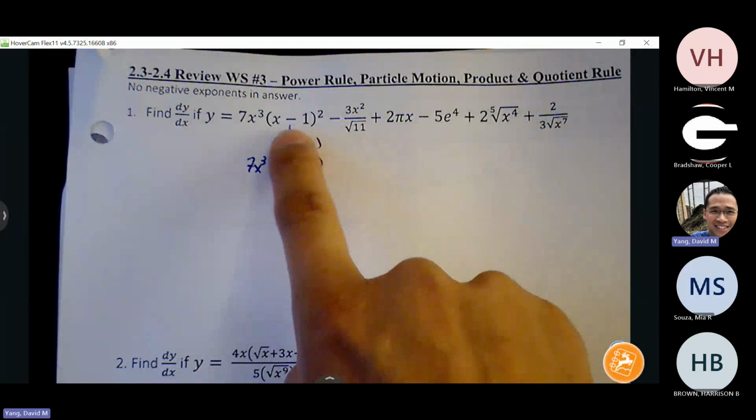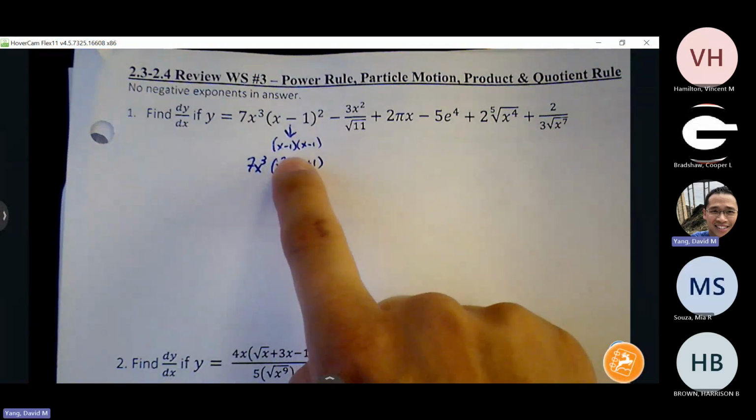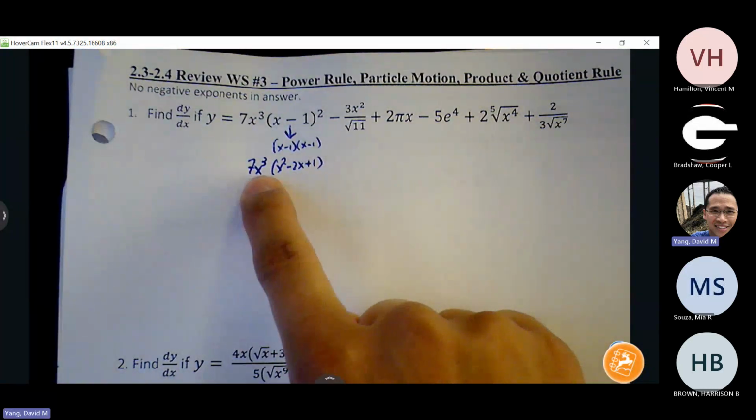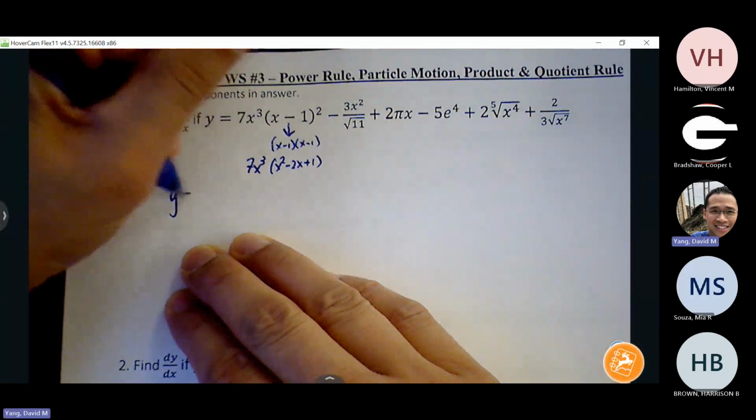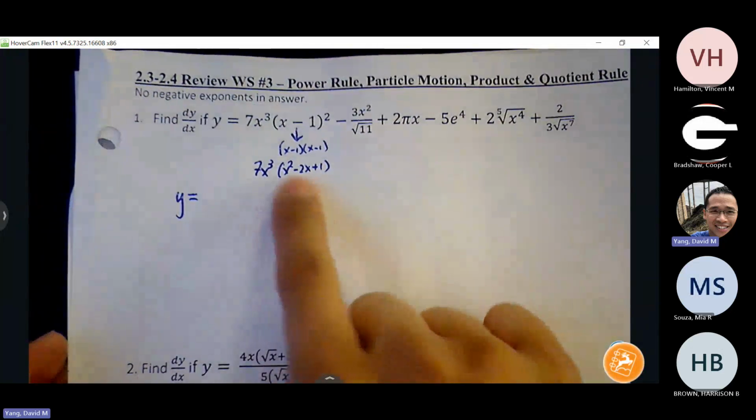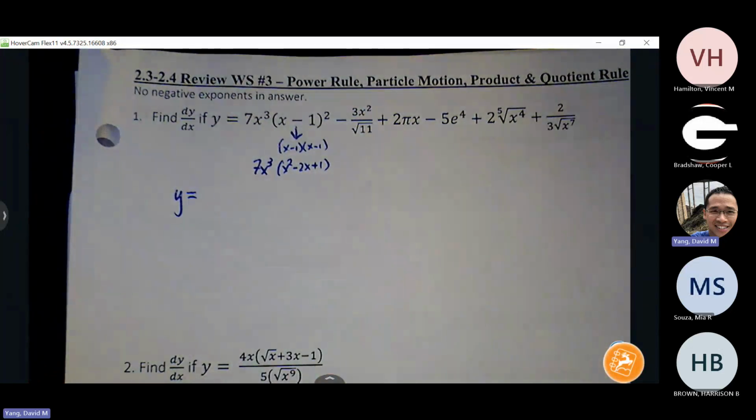Okay, so I want to make sure that we flow this out correctly. X squared minus 2x plus 1, distribute the 7x cubed through. I'm going to see if I can get every term set up and ready for power rule. Distribute the 7x cubed through. I get 7x to the 5th.